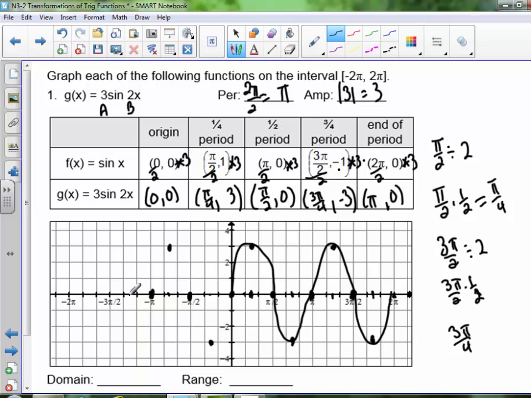And then we just repeat that same process again at pi over 4 distance. Down 3. Negative 3 pi over 2 is at 0, a distance of pi over 4. Up 3, and negative 2 pi, 0.